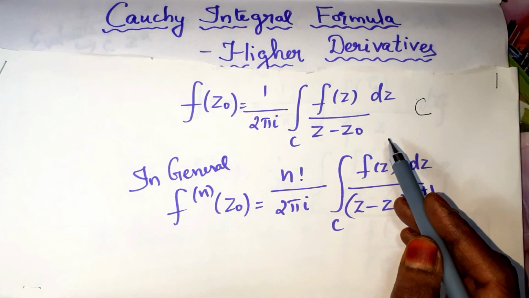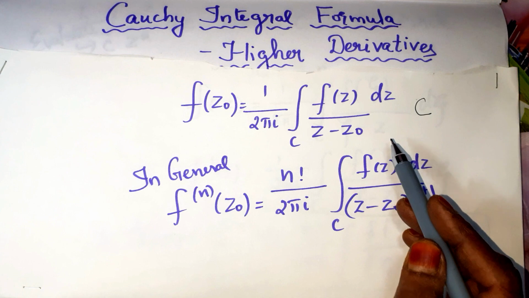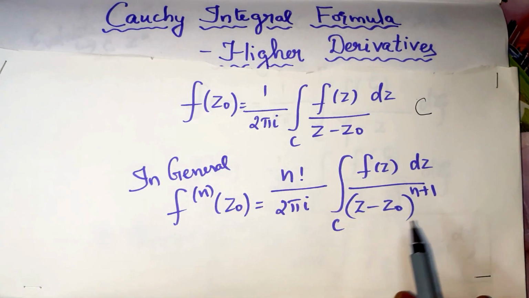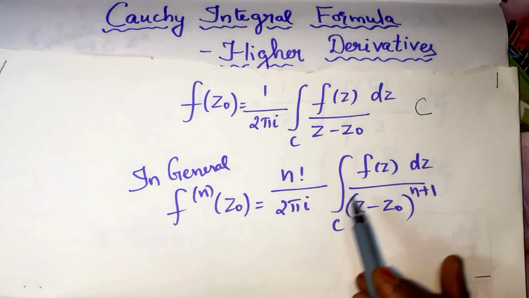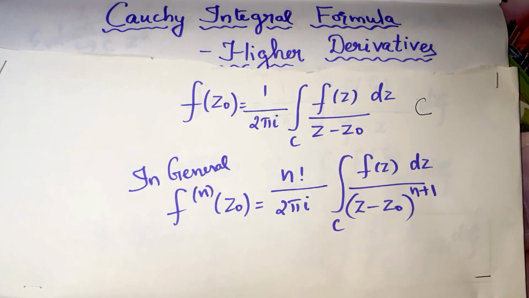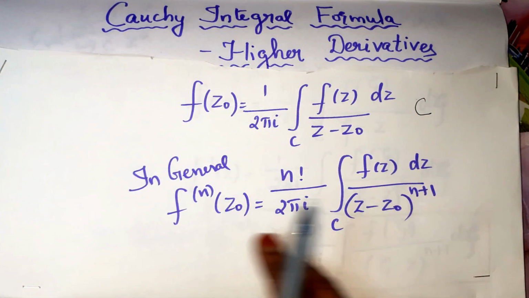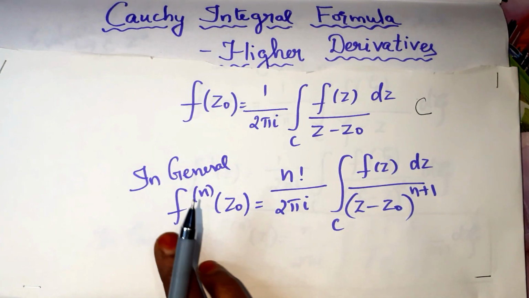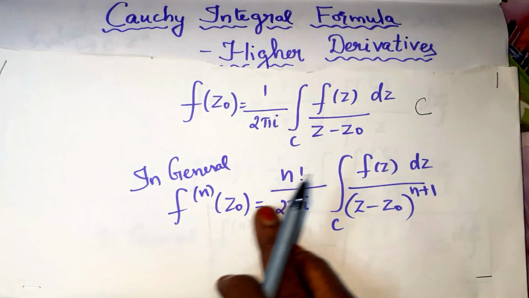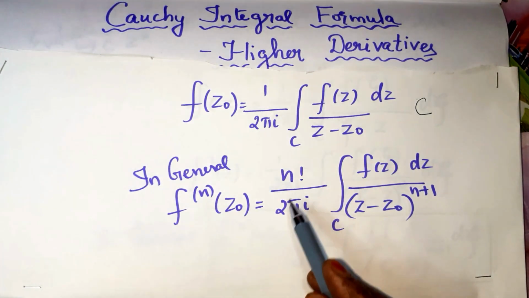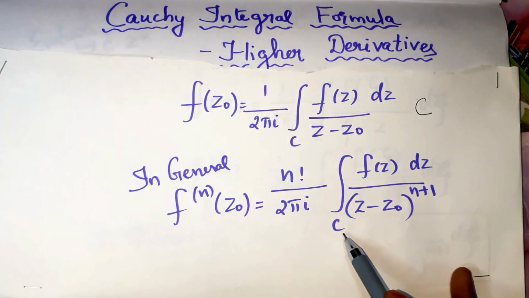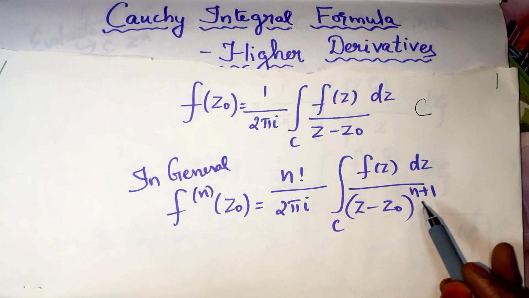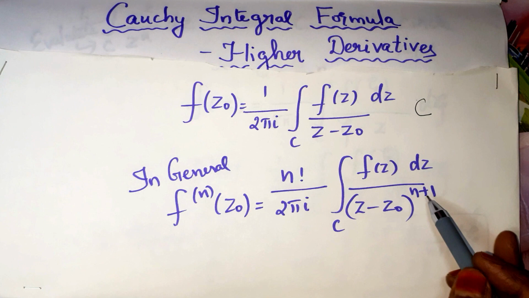Today in this video we are going to learn how to evaluate an integral having higher order terms in the denominator, and the general formula for those integrals is f n of z0 is equal to n factorial by 2 pi i integral over c f of z dz by z minus z0 the whole power n plus 1.